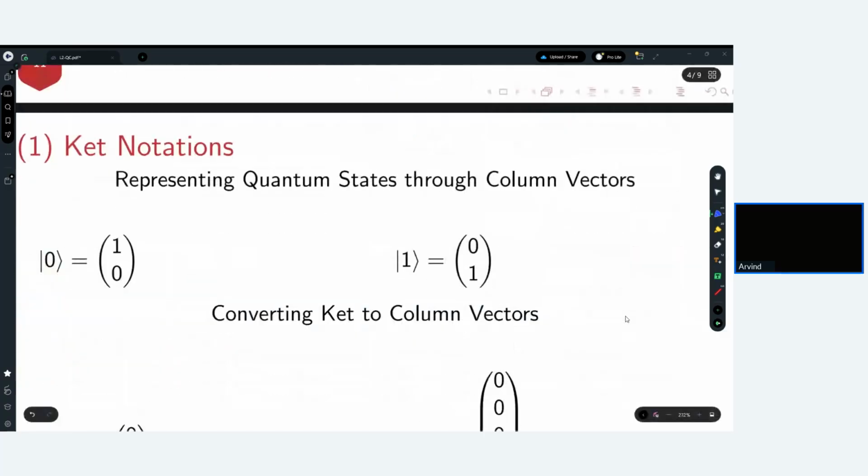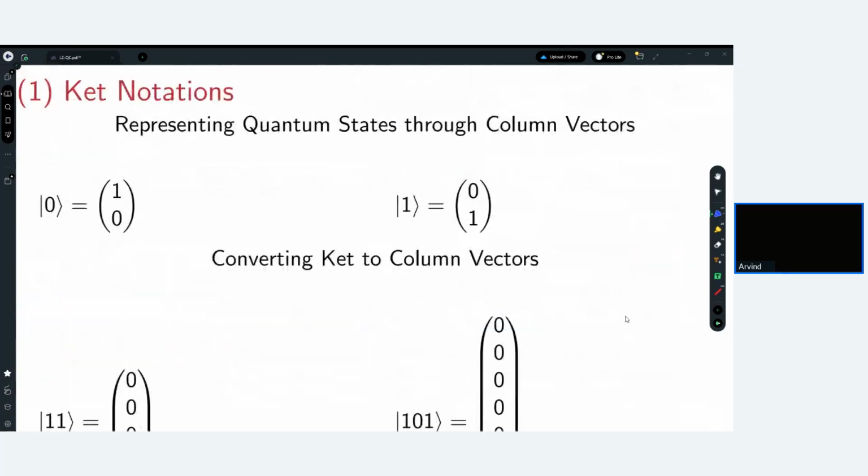So let us first discuss the Ket notation. As we have seen in the previous slide, the Ket notation is used to represent a quantum state. A quantum state may be a zero. In the previous video, we have seen that quantum state zero is represented like this in this notation, and we read it as Ket zero.